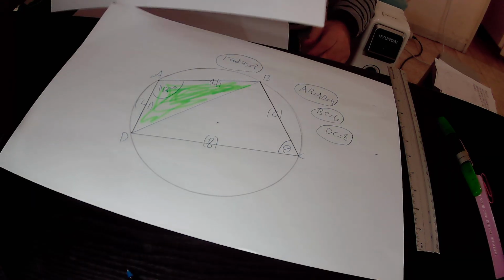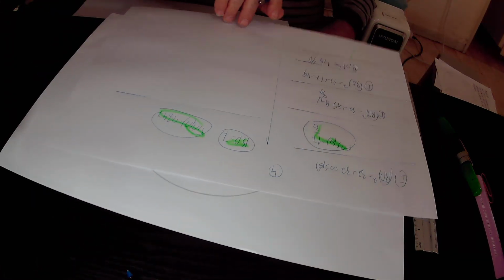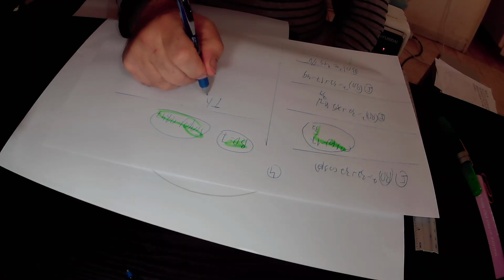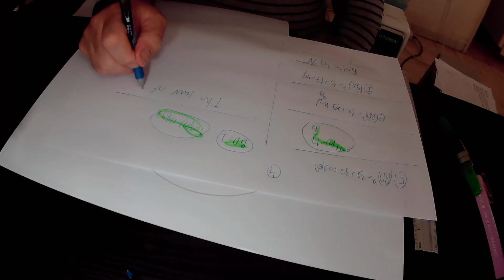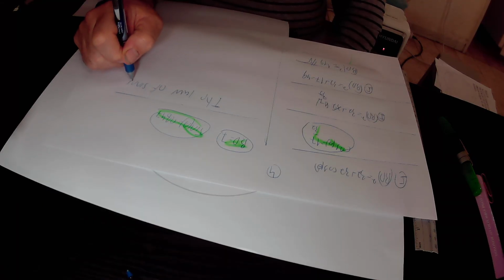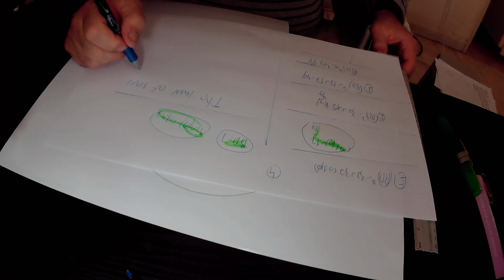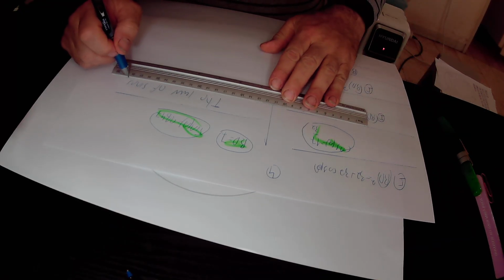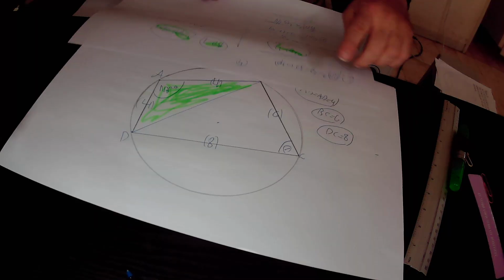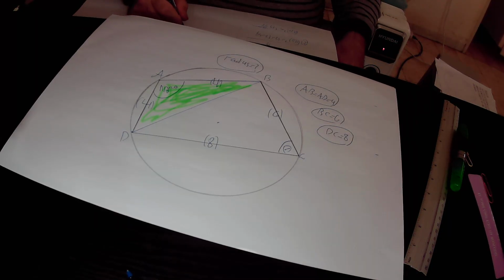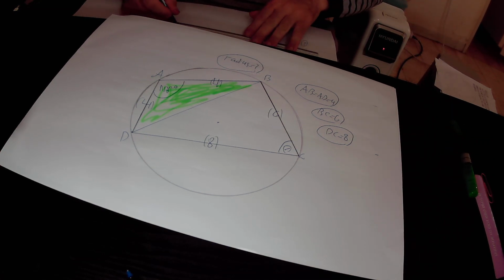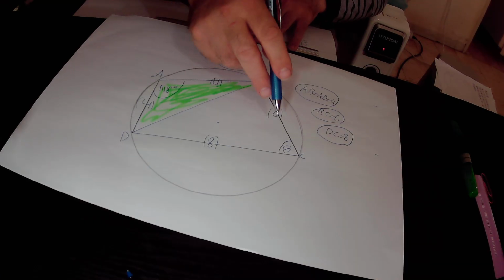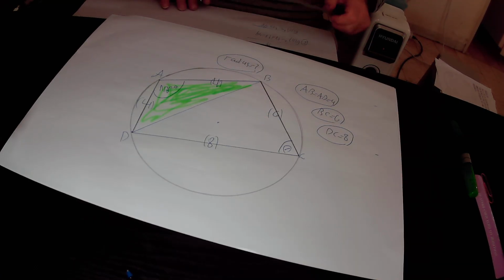So, according to the law of sines in its full version, we implement it on triangle BDC: BD over sine theta equals 2R.